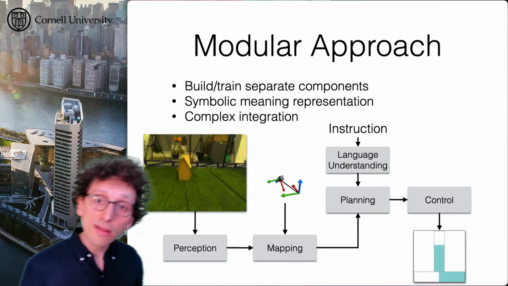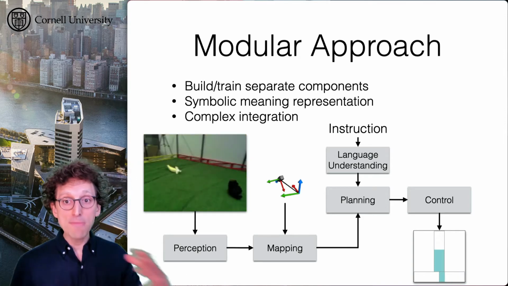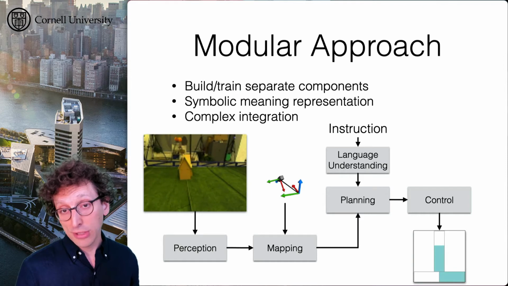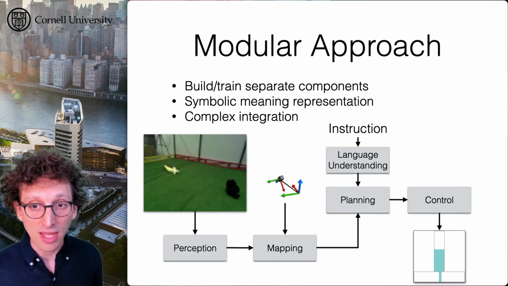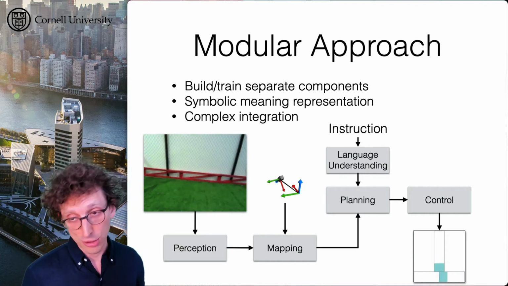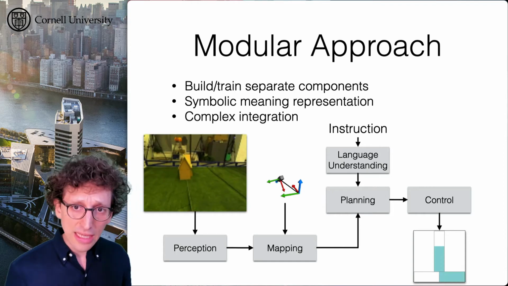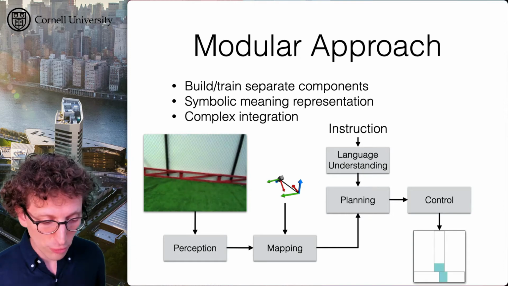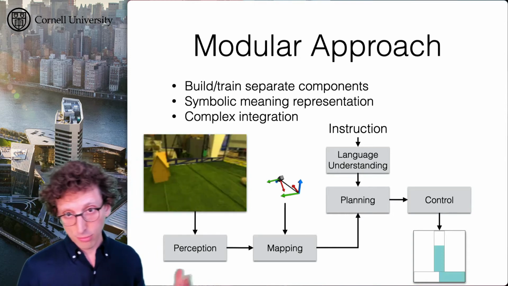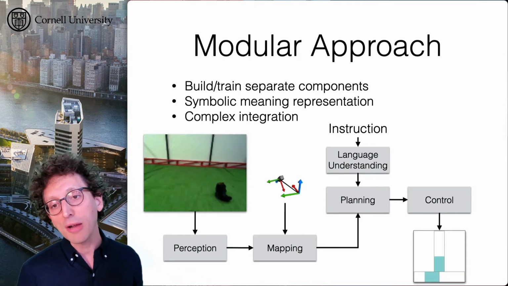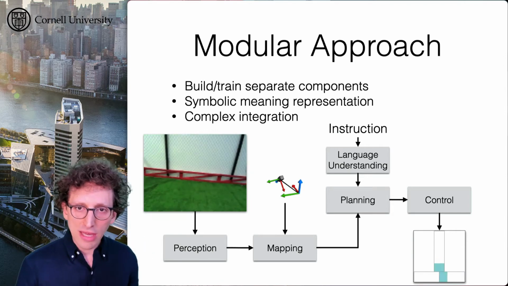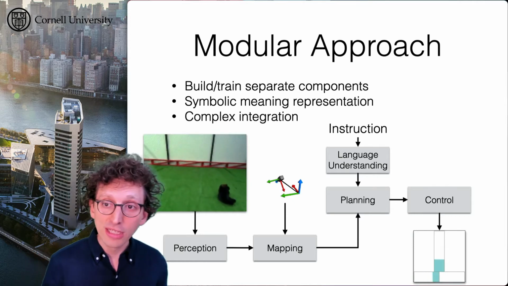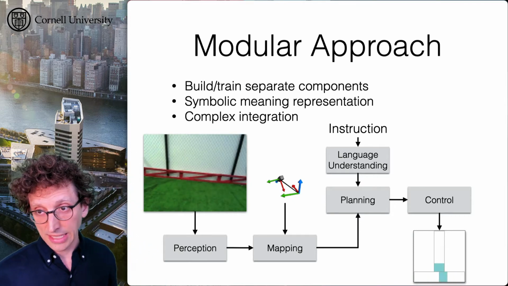And this usually entails designing some kind of an API that bridges all these components together, often using this symbolic meaning representation that is designed for the language. Scaling up this symbolic representation is extremely challenging, especially for complex real-life environments. And integrating all these parts together requires a relatively complex engineering process for integration that is extremely difficult to scale.